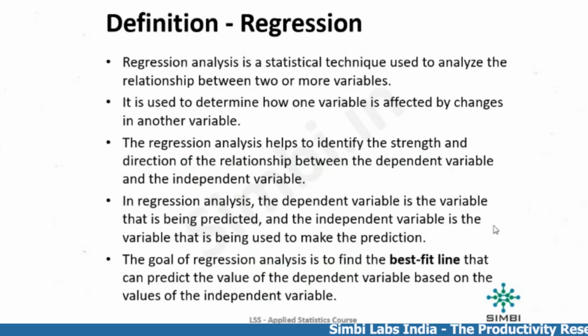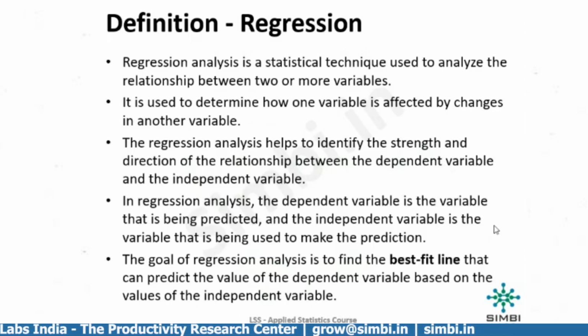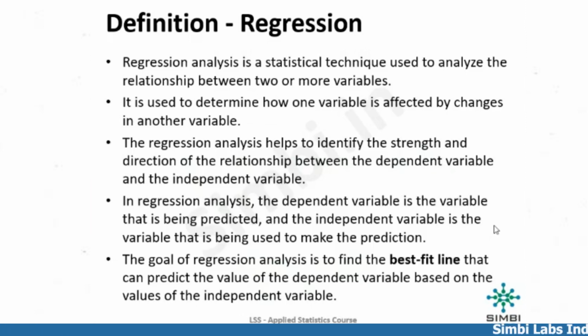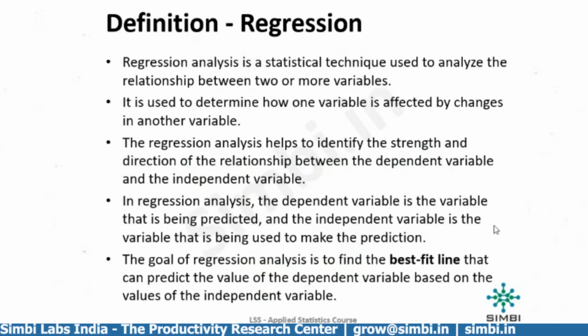In this regression analysis we check the relationship between the independent and the dependent variable. Also, age and height can be described using this regression model. We use linear regression: a person's height increases as age increases, so there is a linear relationship.